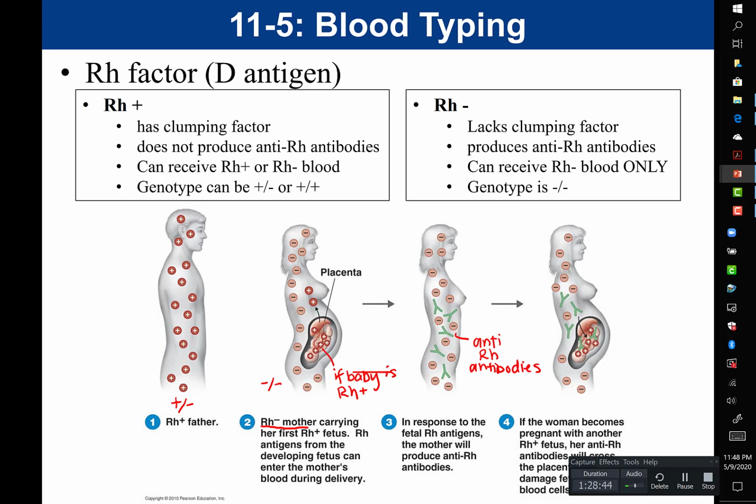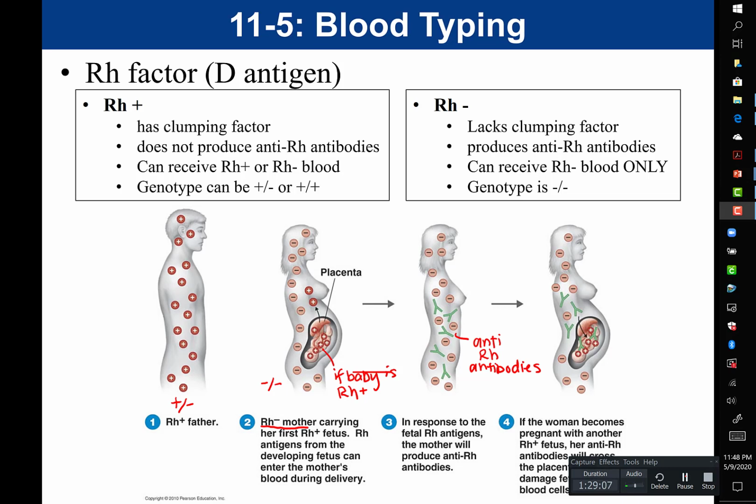If she were to come into contact with that antigen again, the antibodies are going to be produced very quickly, and they're going to start to destroy the baby's red blood cells.